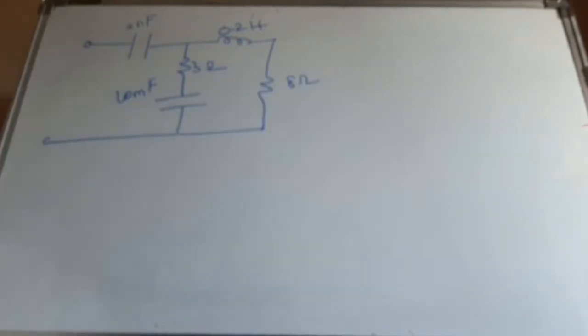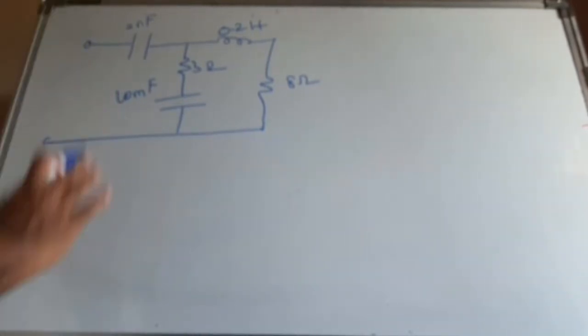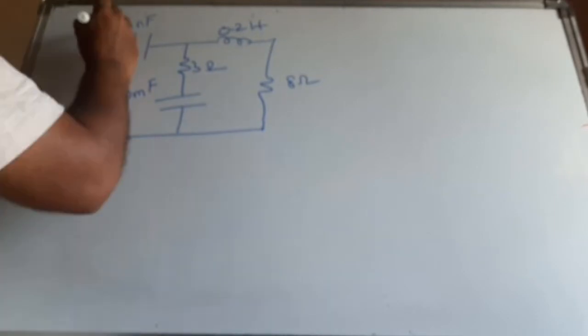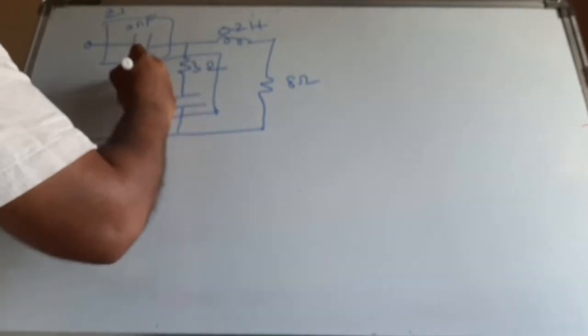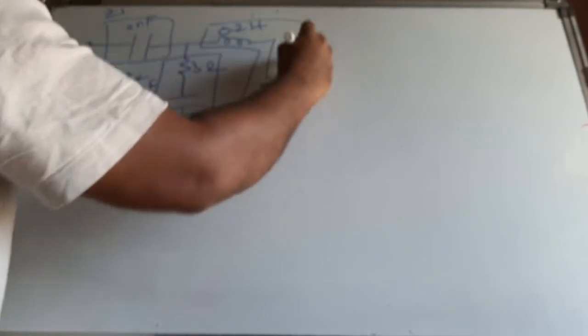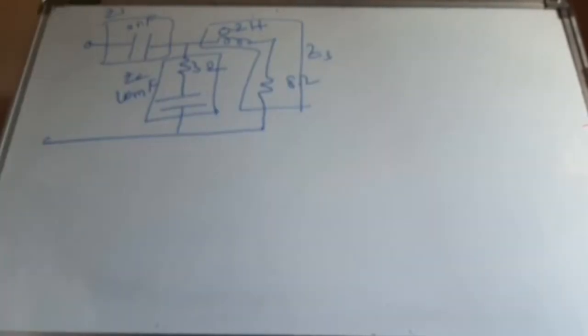Now, how am I going to simplify this circuit? This is what we are going to do now. So this can be combined and called Z1. These two elements together we call Z2. These two elements combined we call Z3.